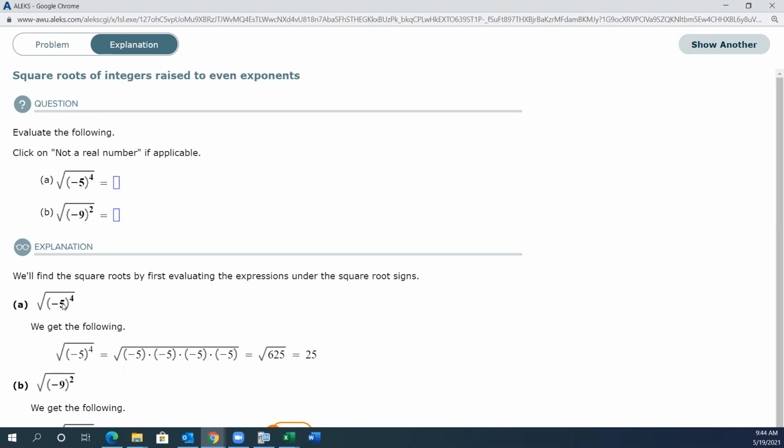Okay, so even though there were negatives in there, the order of operations says simplify inside the radical first to get that 625. Then work with that square root. And something very similar here, square the -9.